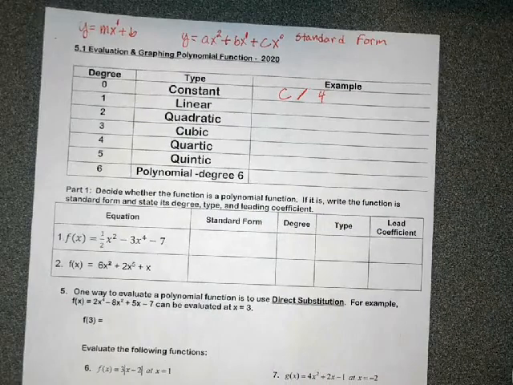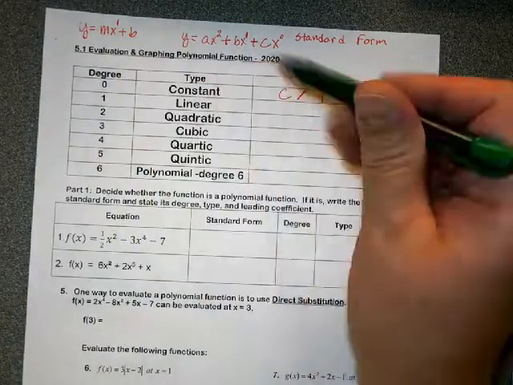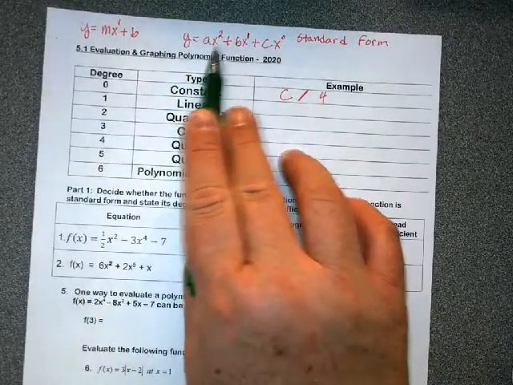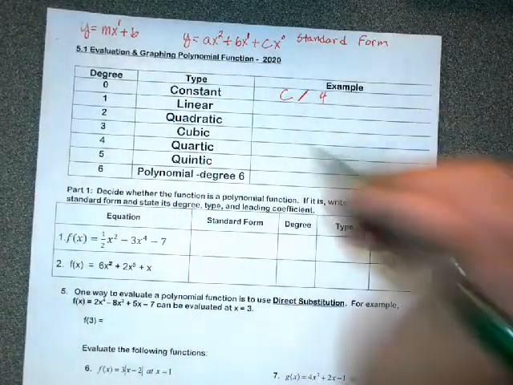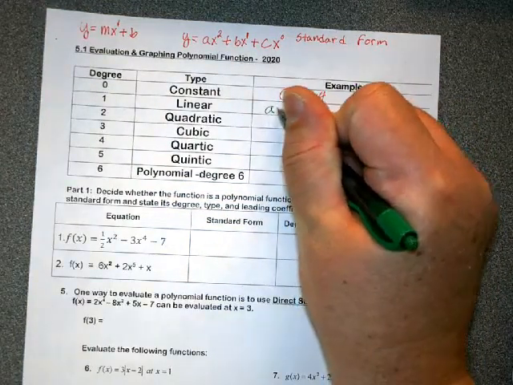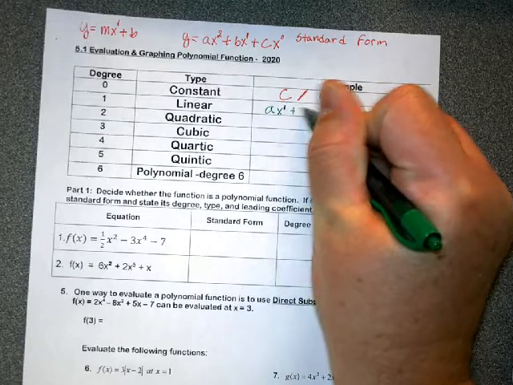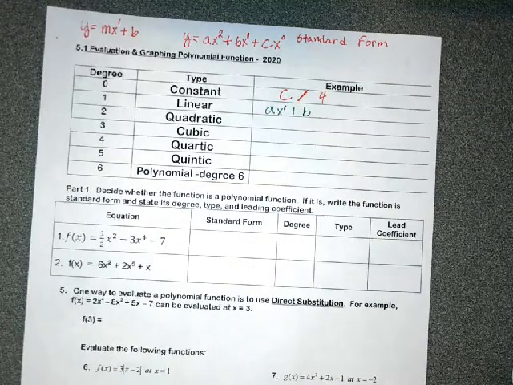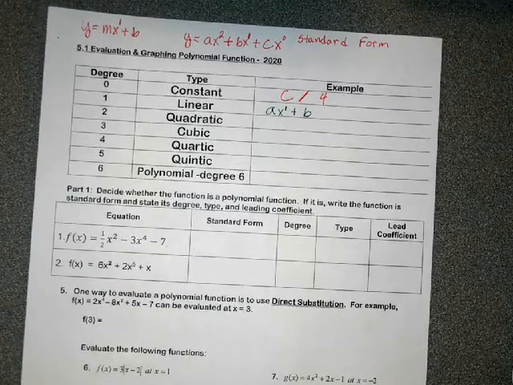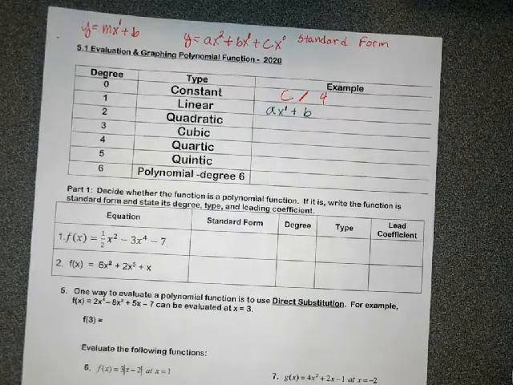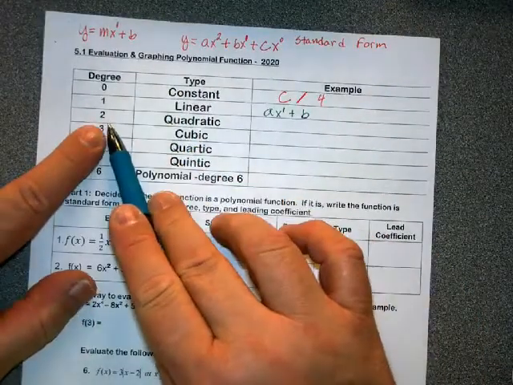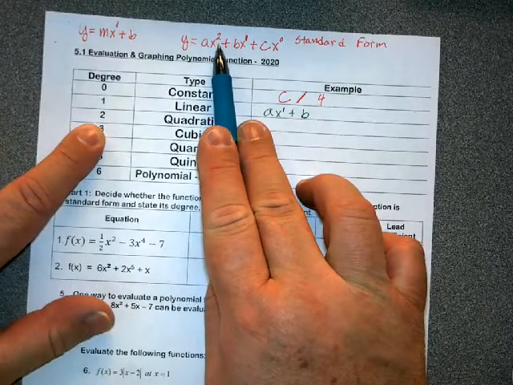Okay, so I'm going to start putting these in standard form where we have the coefficients a, b, c, d, whatever, okay? So I'm going to say that this is ax to the first plus b. There's my example of a linear polynomial function. Quadratic, well, here's our quadratic right up there. It's degree 2 because that's the highest degree on my exponents, right?